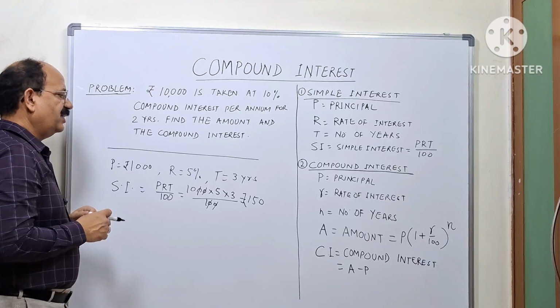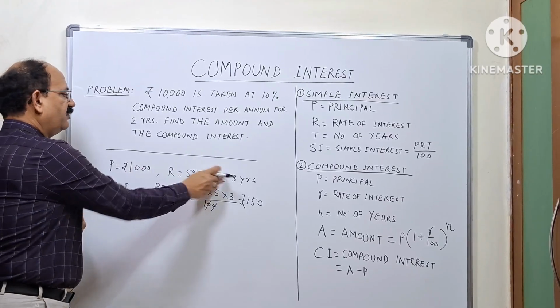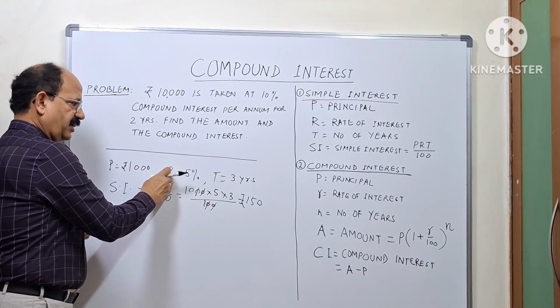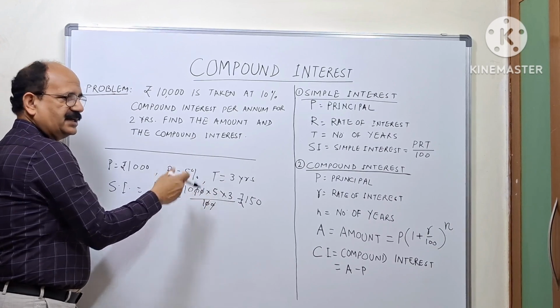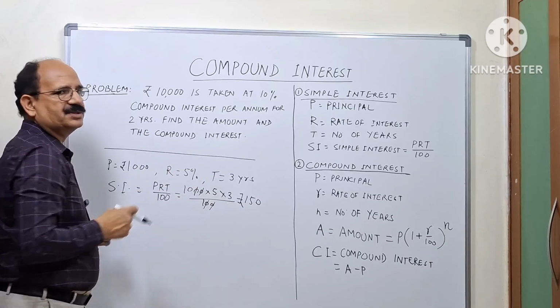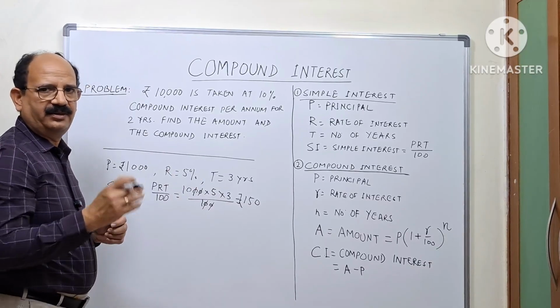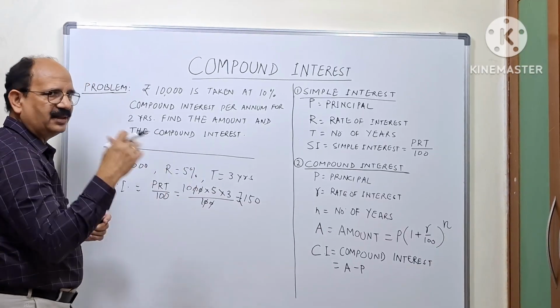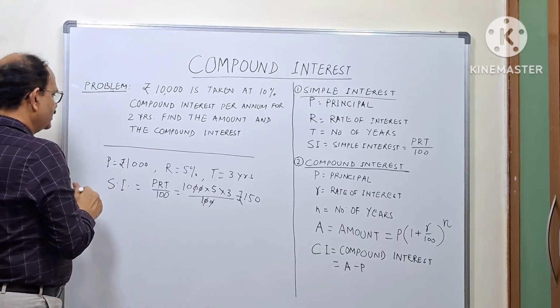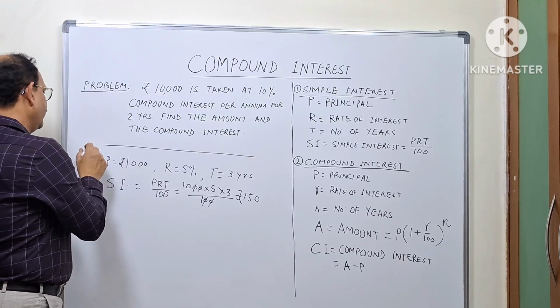What is happening in simple interest is that every year whatever interest you are earning, the same interest is getting added. Let's try understanding in a bit more detail. Suppose you are calculating simple interest.